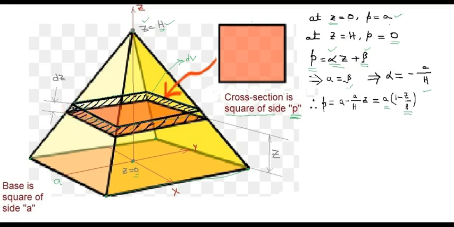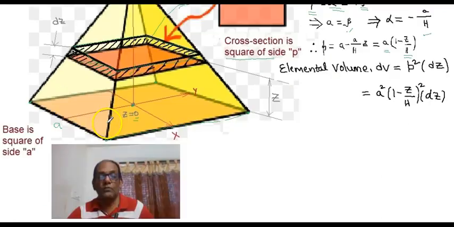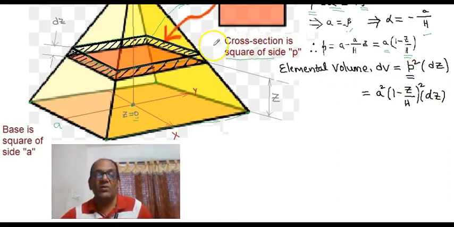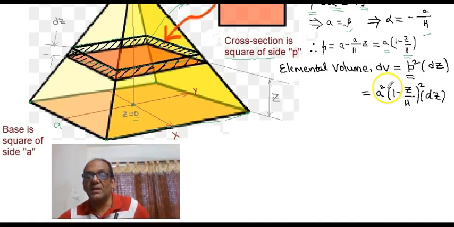We note this and substitute into the formula to evaluate the z coordinate of the centroid of this pyramid. The elemental volume may be written as p square, that is the area of one top square, multiplied by the thickness dz. We have already expressed the side p as a function of z in the equation.